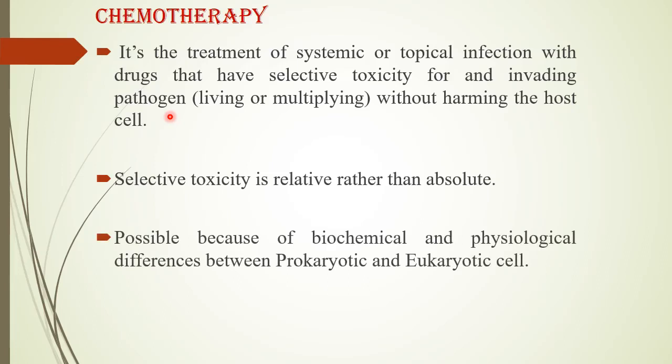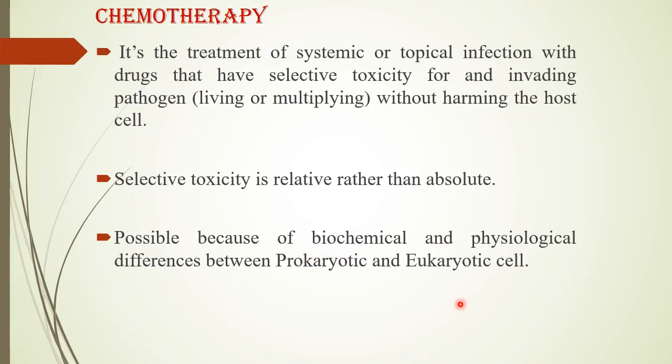Now, the concept of treating a disease by means of various antibiotics is possible because there is a difference in the biochemical and physiological processes between prokaryotic and eukaryotic cells.